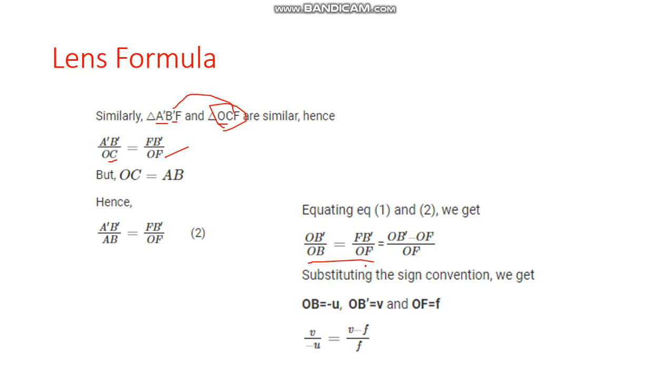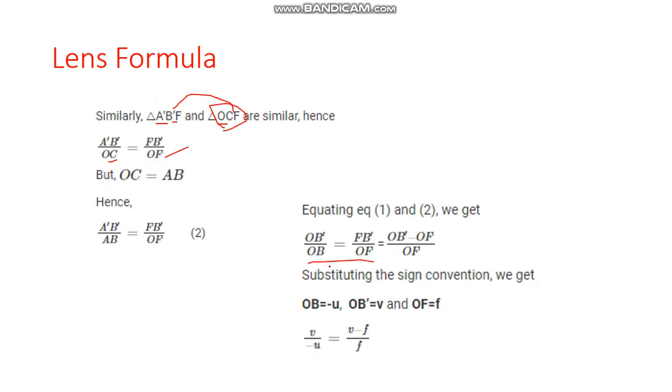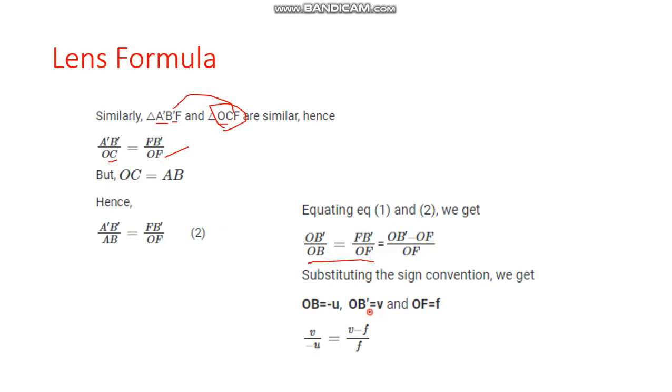Okay, so now we need to put the values here. OB is equal to U, that is the object distance, but your ray direction is like this and you are measuring in this direction, so it is negative. And similarly OB' is equal to V. OB' is this distance, and it is in the direction of the ray, so it will be positive.